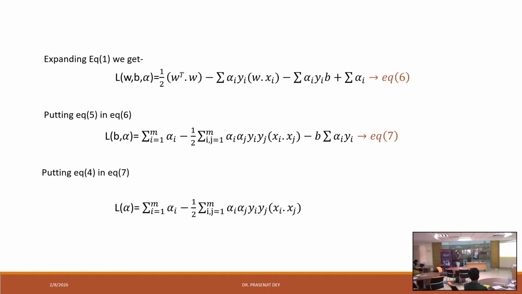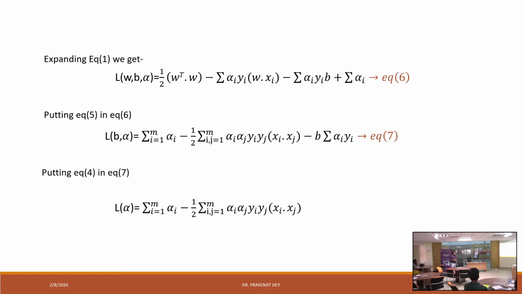Now the initial equation with the Lagrange multiplier was the primal equation, or we used to call it the primal problem. But now we have converted this equation with respect to only the Lagrange multiplier, and now this problem is called the dual problem, because if we know the alpha value, we can derive the W value, isn't it?